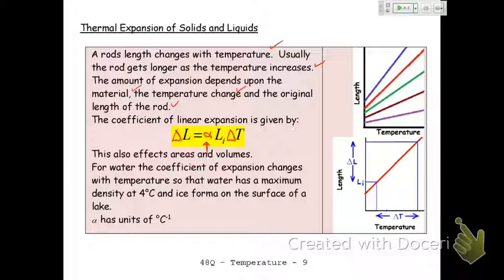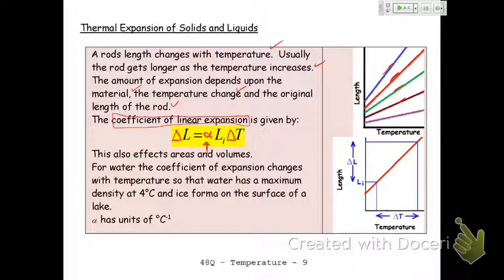So we can define this thing called the coefficient of linear expansion, alpha. What does the alpha stand for? It's the coefficient of linear expansion. Each material will have a different alpha value.